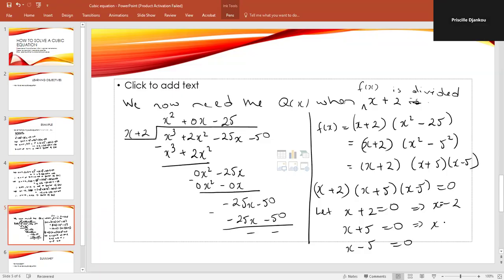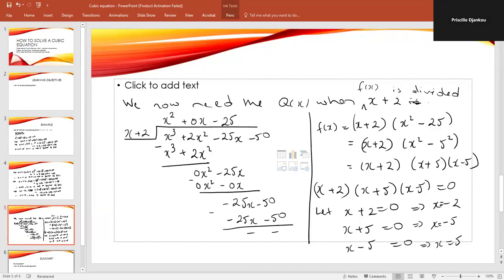This implies x equals to minus 5 is one solution. And this implies x equals to 5 is one solution. So we have 3 solutions to the cubic equation. Our conclusion is that the solutions to our cubic equation are x equals to -2, x equals to -5, and x equals to 5. This leads us to the end of the solution to this example.